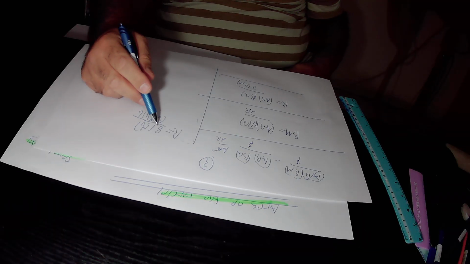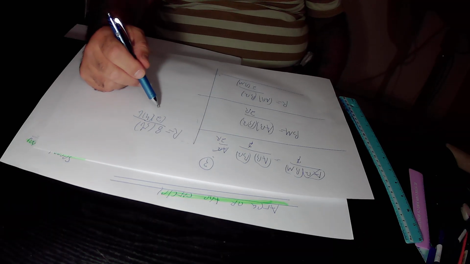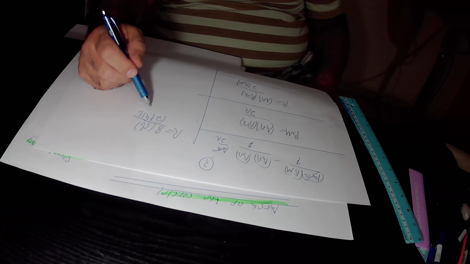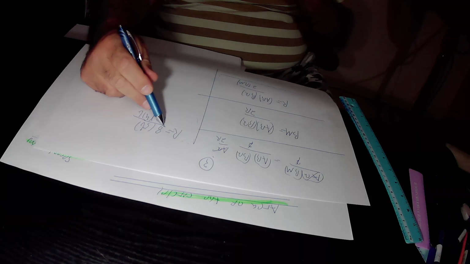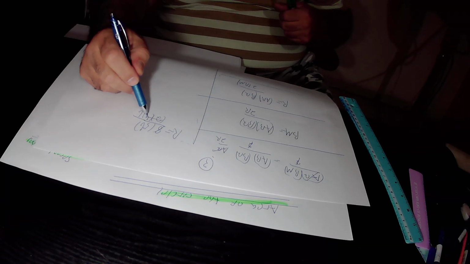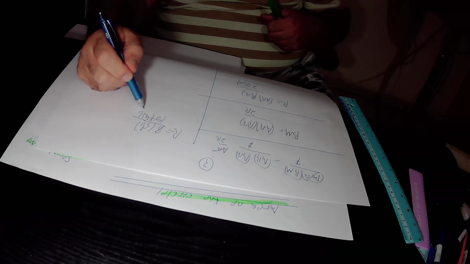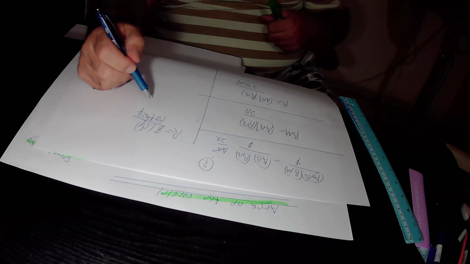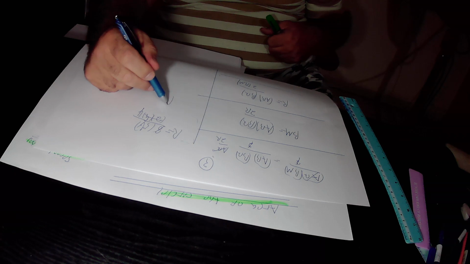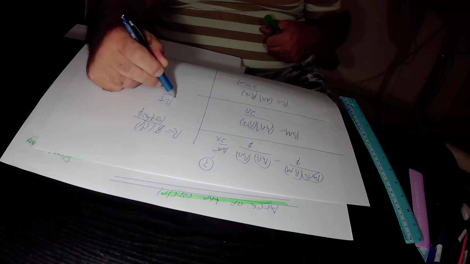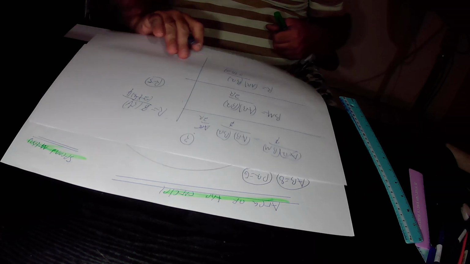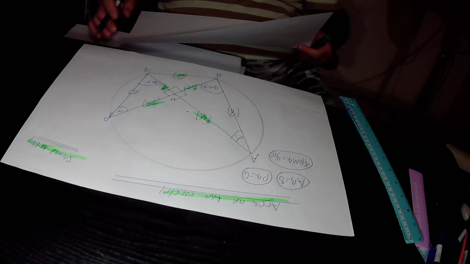We have 8 in the numerator, and 2 times 4 is 8, so we have 8 also in the denominator. So 8 cancels with 8. b over b is 1, so b also gets cancelled. And we found out that r equals 5 units in its length. Our task is to find out the area of this circle.